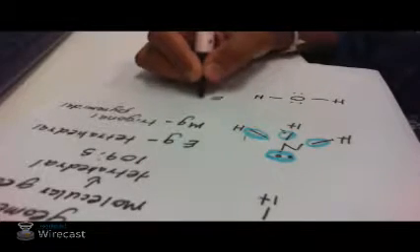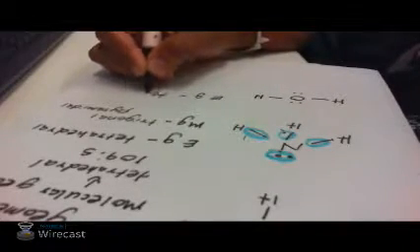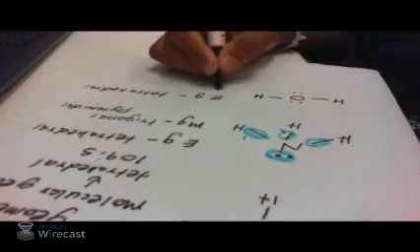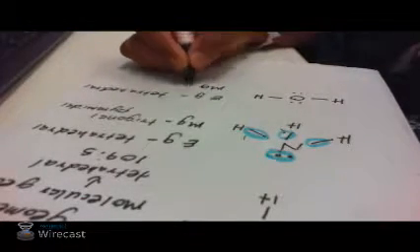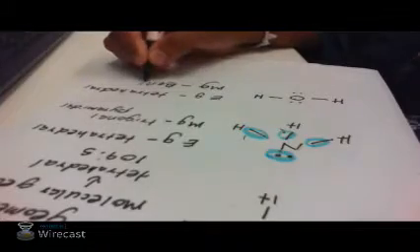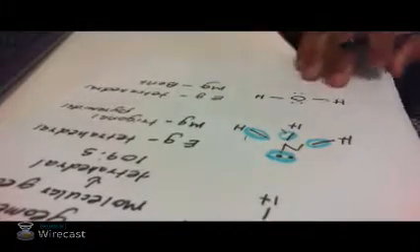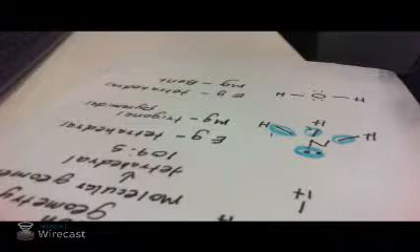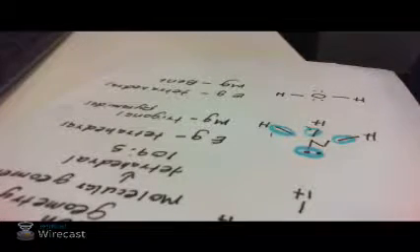So electron geometry, tetrahedral. Molecular geometry, bent. So now, these are all the structures that have 8 electrons around the valence shell.